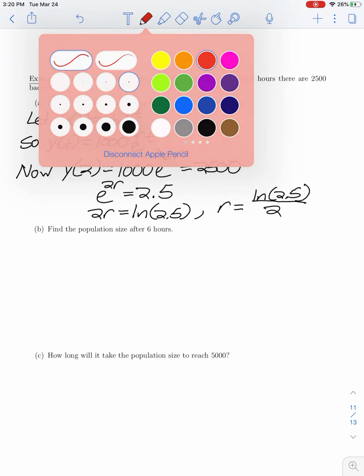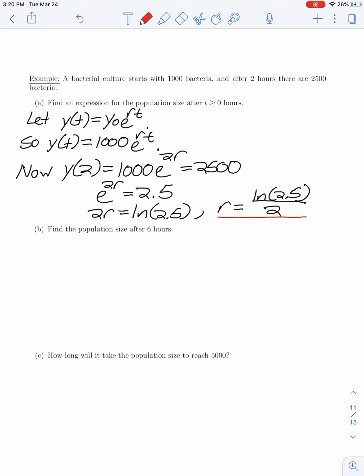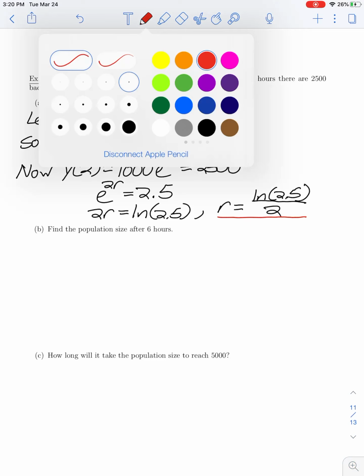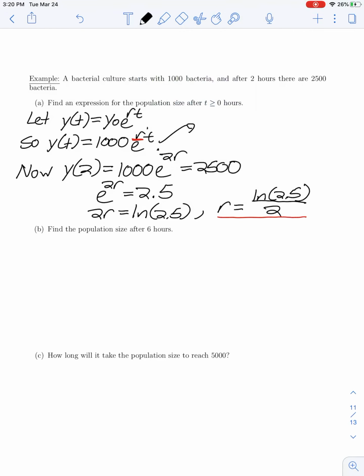So now, once we have this value for r, we can substitute it back into the expression that we had for our population size at any time.